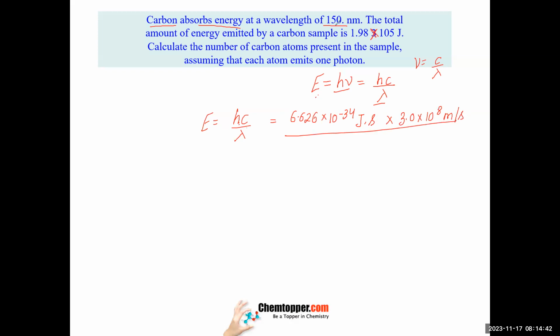Lambda is 150 nanometer, but that will not work. This is meter, this is nanometer. So I have to convert this nanometer into meter. And we know that 1 meter has 10 raised to power 9 nanometer. Nanometer cancelled, right?